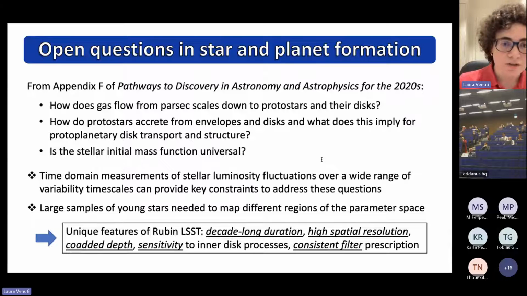And this is where Rubin LSST can be really transformative, thanks to the unique features that are combined in the survey design. So the decade-long duration, the high spatial resolution, the coadded depth that will be reached at the end of the survey, the availability of multiple filters that will allow us to be sensitive to the inner disk processes, and the fact that these same filters will be implemented with a uniform strategy throughout the entire survey duration.